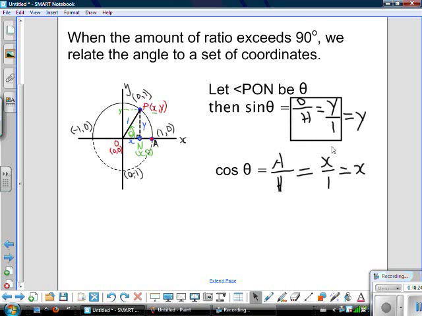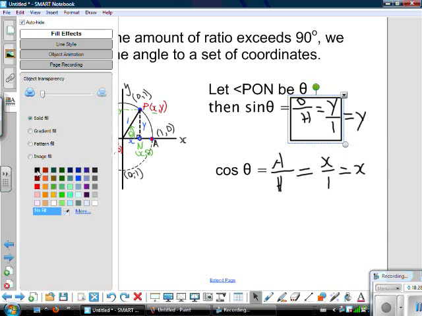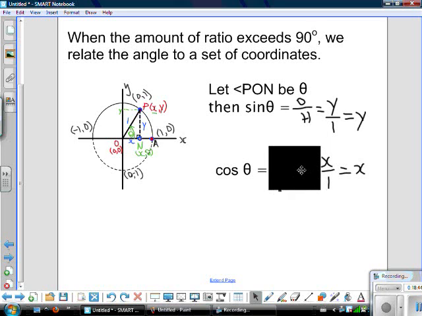block out part of our work. Let's just turn it all black. So let's look. If you notice, we have sine theta equals y. So if I take out the inner part, you can see that sine theta equals y. And similarly, if I move this down here, I end up with cos theta equals x.